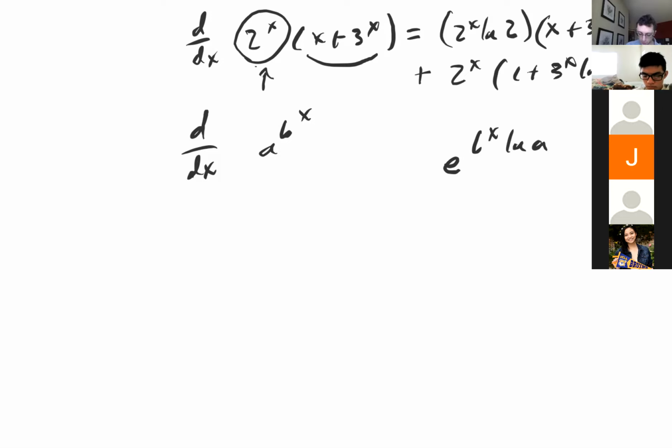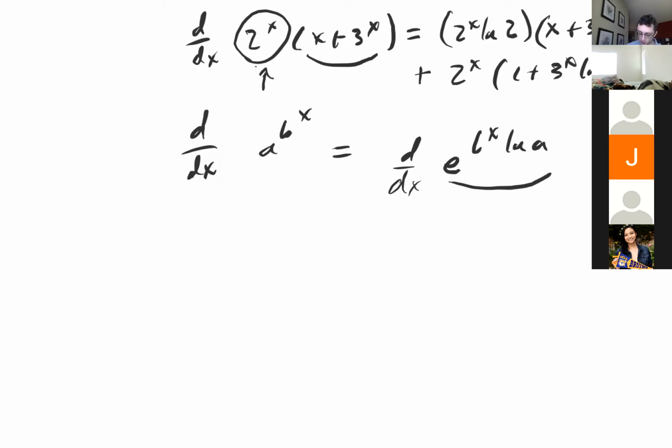Okay, so for the second one, you can write this. And this is using the same process that we used before in order to get the derivative of a general exponential function. So here you're just rewriting a to the b to the x as e to the b to the x ln a.